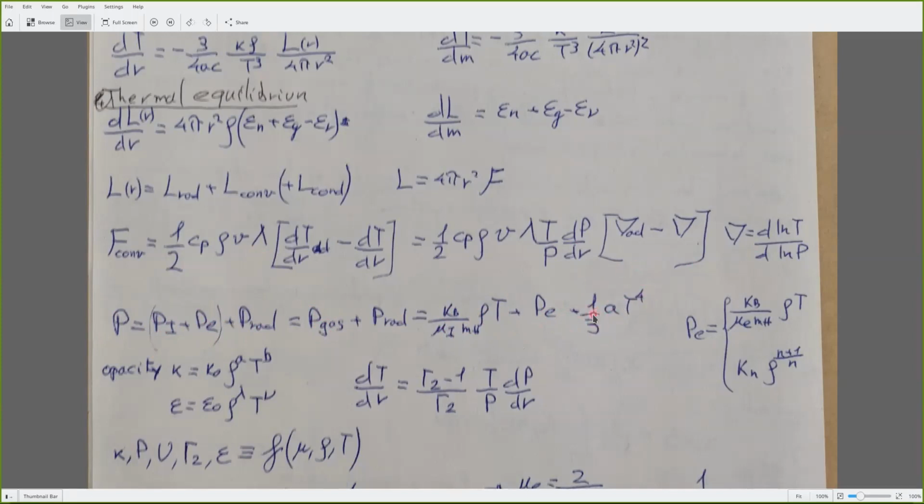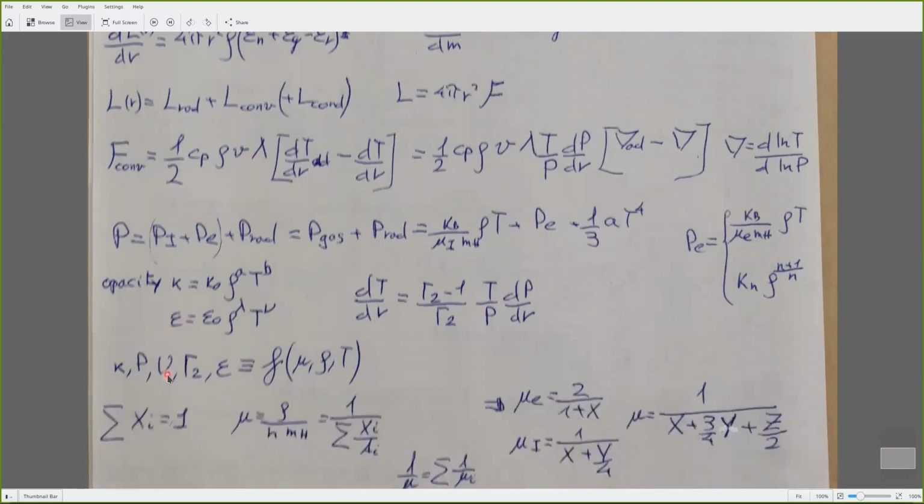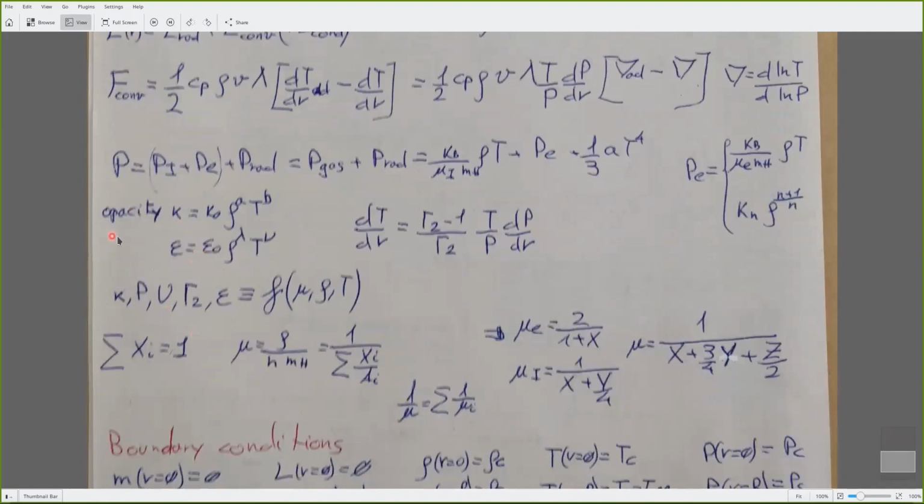Try to remember, it's not so complicated. For the electrons, you have to consider if they behave like an ideal gas or a degenerate gas, so it can change with the obvious consequences. Then you have to consider the opacity, that is a function of density and temperature.